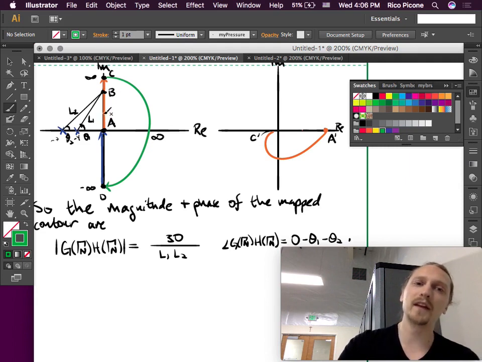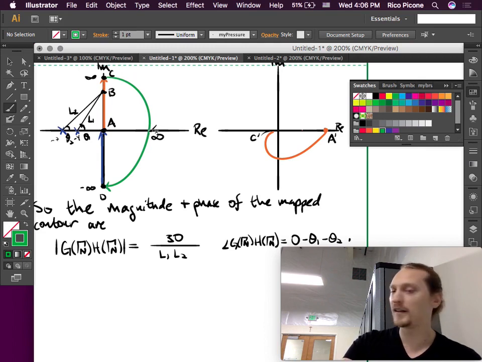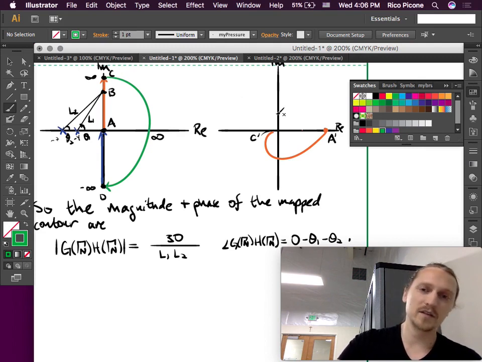So what the phase does, though, is it goes from negative 180 degrees, and it comes all the way down here to 0, right? So it goes from negative 180, negative but increasing to 0. So I'm going to go this way.